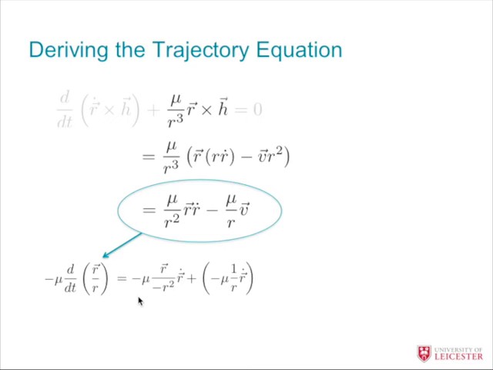So perform that differential, and we end up with 2 terms, and those 2 terms can be simplified to provide us with the expression that we began with. So we find that this second term in my two-body equation of motion crossed with h can be rewritten as minus mu d by dt of vector r divided by the scalar r.